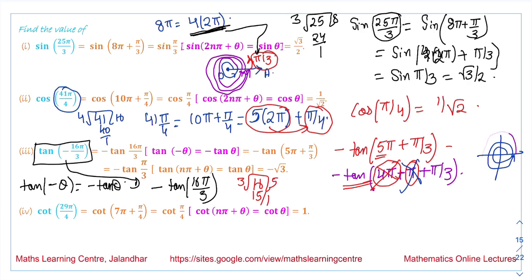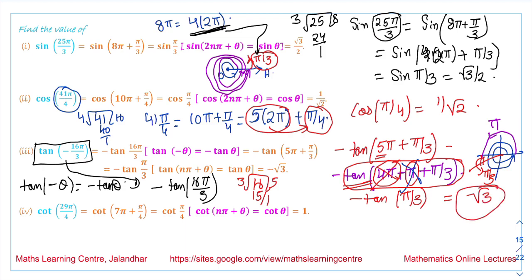After this we have moved pi. After this we have moved pi by 3. So the value of this part over here will be positive. So that will be equal to minus tan of pi by 3, and that is equal to minus square root of 3.